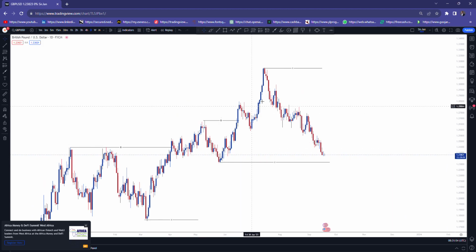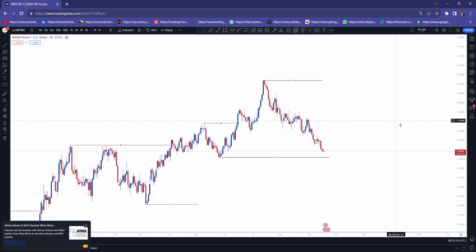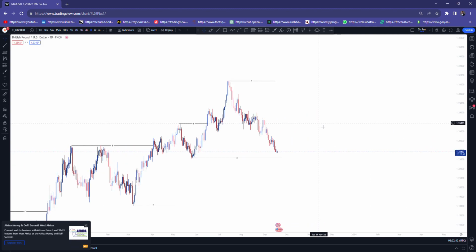So here I can say this is a breaker of structure, but mainly it's more like an internal trade. It's an internal move. So we're having this high here. We're just waiting to see what is really happening on a daily time frame.